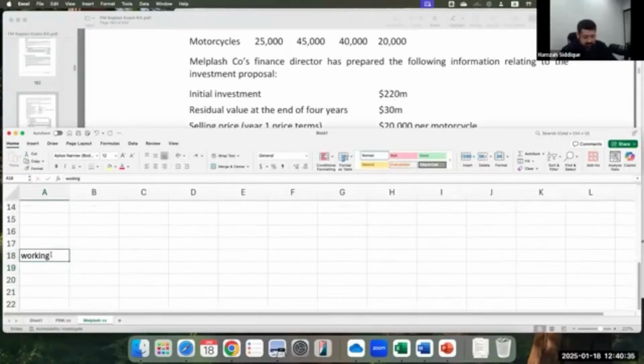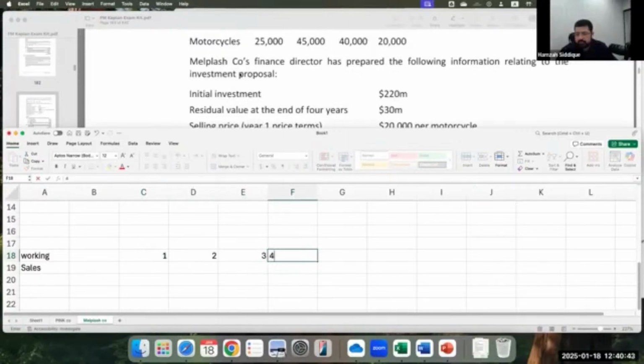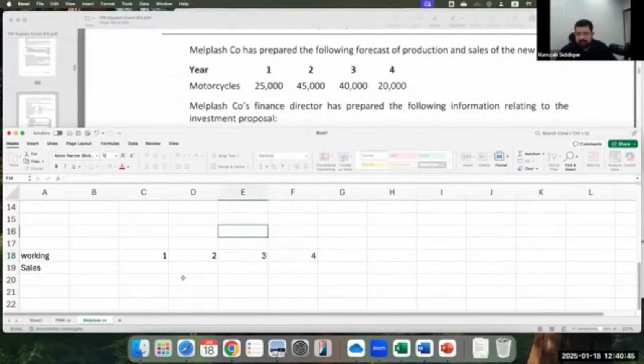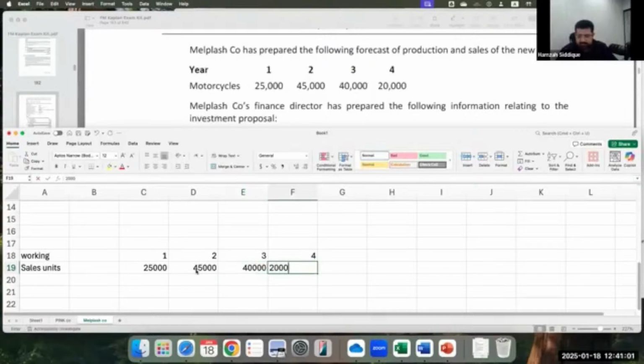First of all, the first working: we need to write sales years 1, 2, 3, and 4. Sales units are 25,000, 45,000, 40,000, and 20,000.